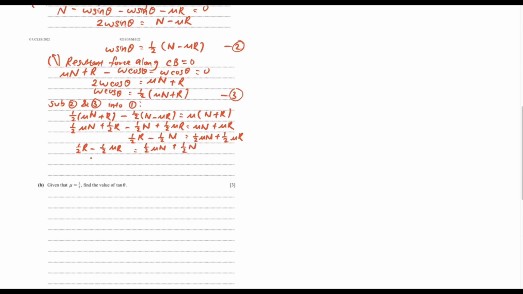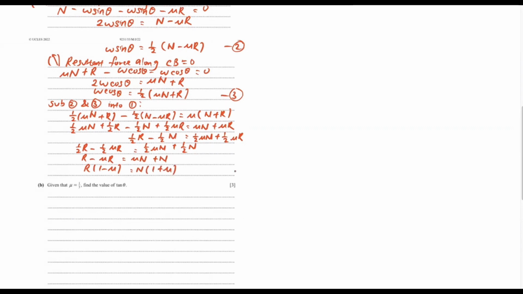Okay, then let's say I times 2 first. There are so many halves over there. So R minus mu R equals mu n plus n. Factorize: R(1 minus mu) equals n(1 plus mu).